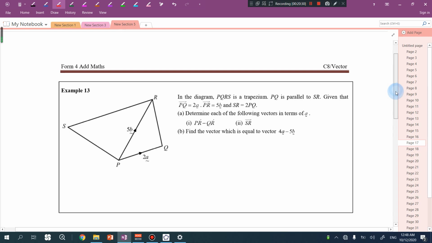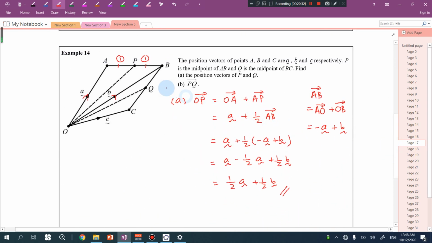Okay, so this is 1, this is 1. Why is this 1? Because it is a midpoint, right? 1, 1. Now I use the formula that I showed you just now, to see whether we can get exactly the same answer or not. OP equals 1 times b, which is b, plus 1 times a, which is a, over 1 plus 1, which is 2.